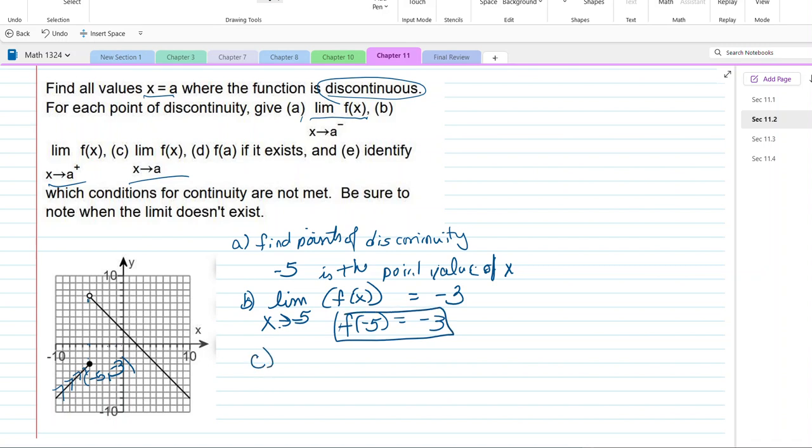Now our C says find the limit as it approaches from the right. Oh, this was from the left. So as I approach it from the right, it approaches the positive value of 1, 2, 3, 4, 5, 6, 7.